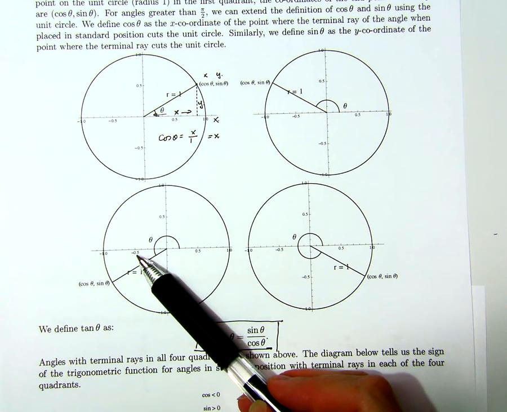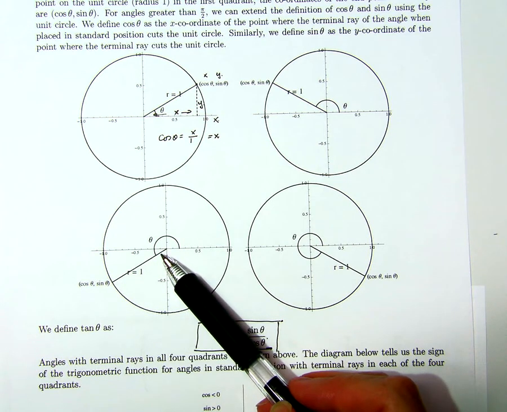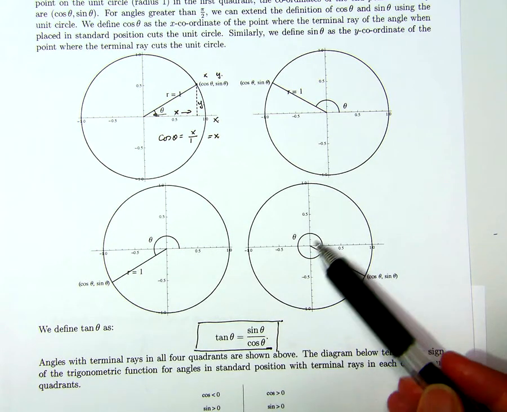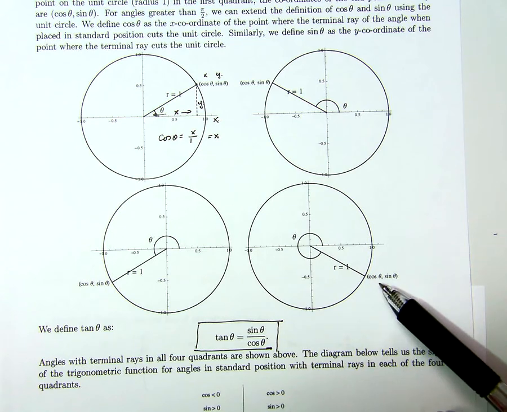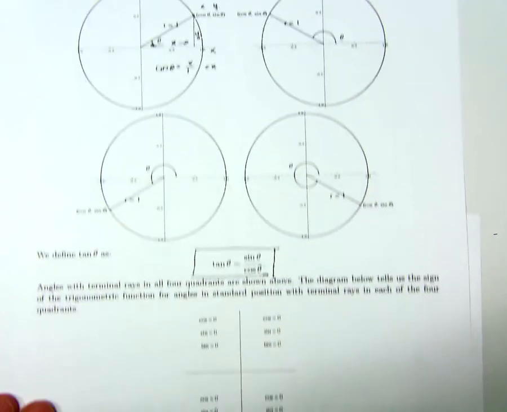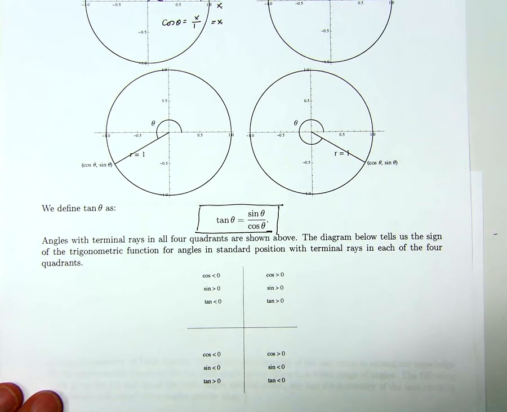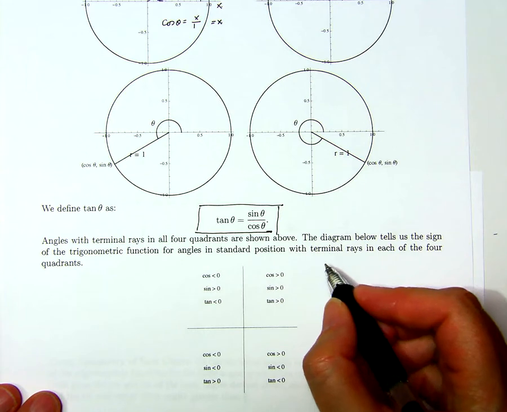And we can also have angles between pi and 3 pi over 2 where the terminal ray is in the third quadrant, and also for angles between 3 pi over 2 and 2 pi, the terminal ray is in the fourth quadrant. And here's a summary of which of these trigonometric functions are positive and negative in each of the quadrants.